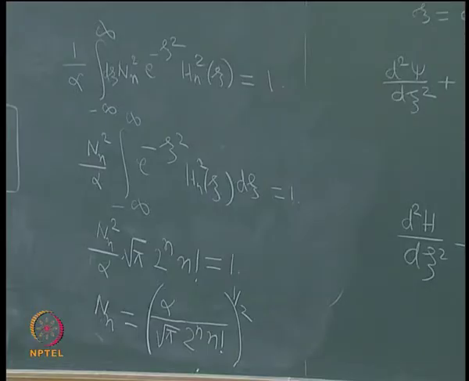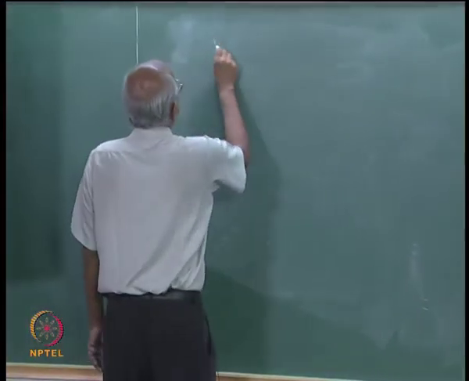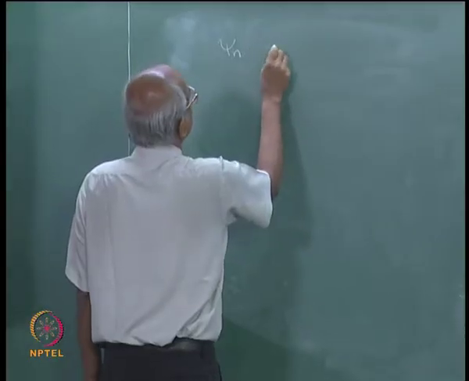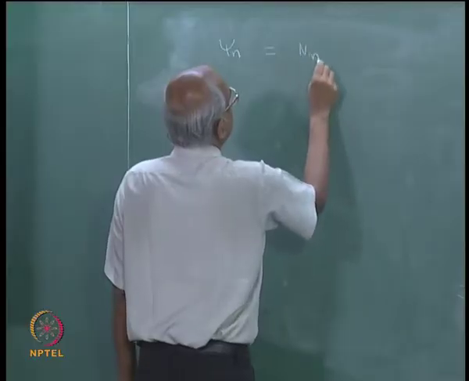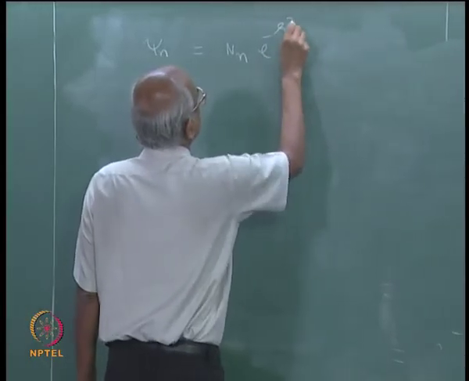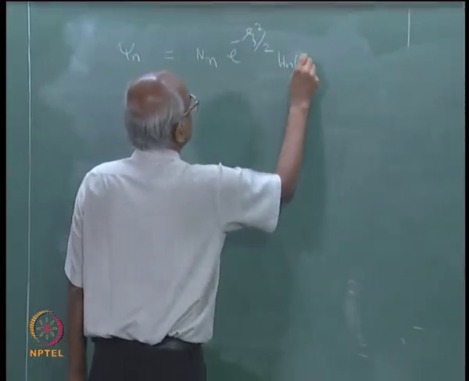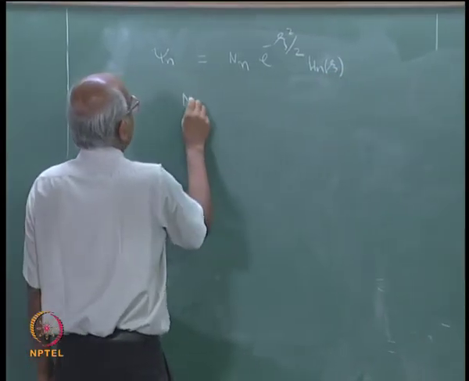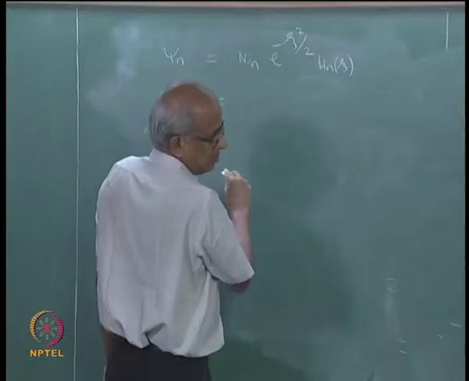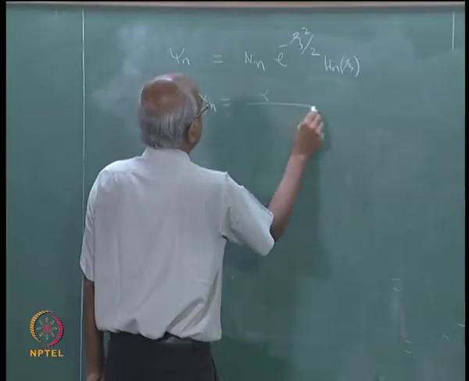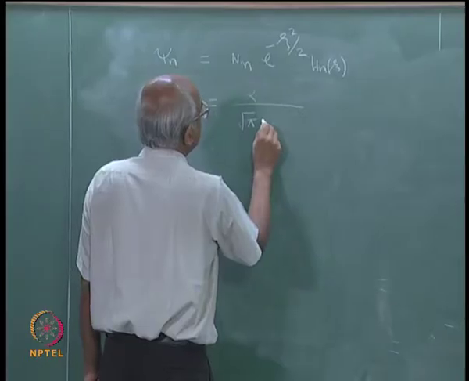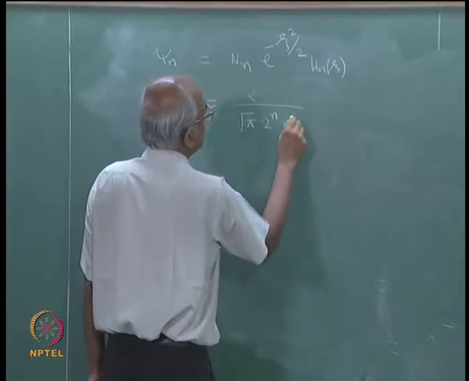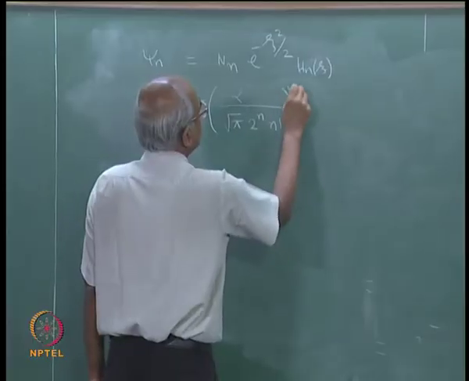And so, finally, what is the wave function for the nth state? The wave function for the nth state psi n is equal to N e to the power of minus c square by 2 Hn of c, and N is equal to alpha divided by root pi 2 to the power of n n factorial, to the power of half.